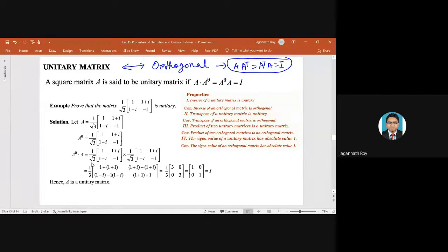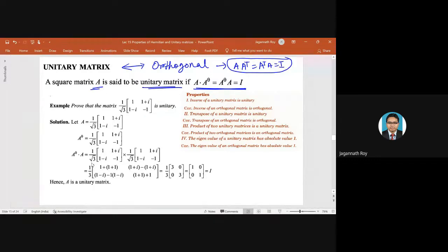For a given complex matrix, if we have this relation, then we call it a unitary matrix. For a given example, you need to show this is a unitary matrix.